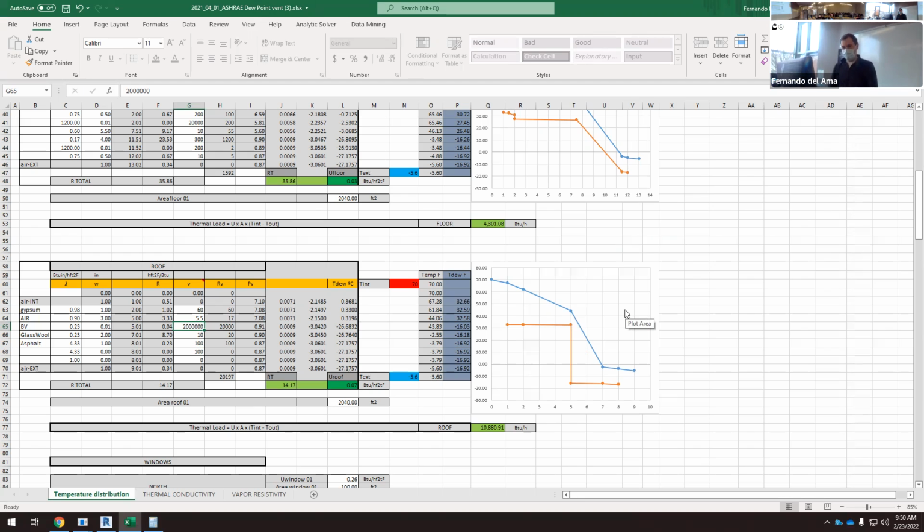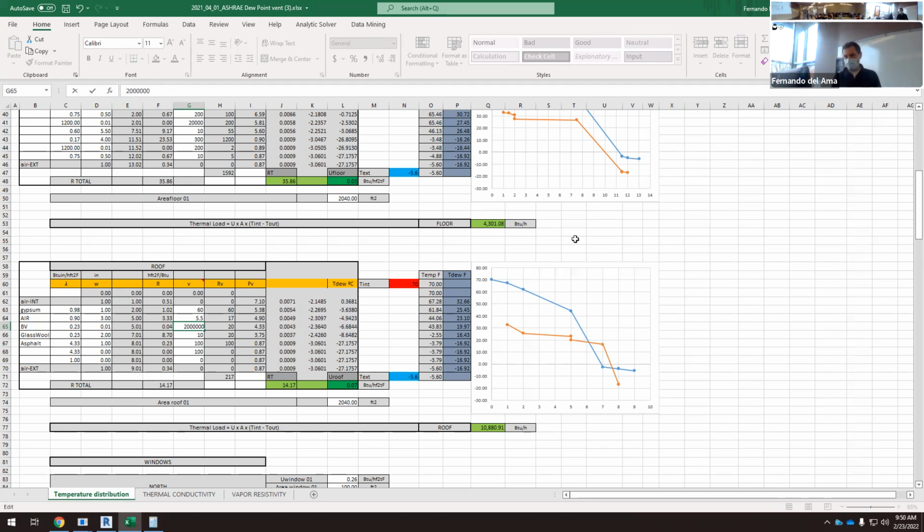Okay, so probably if we had this somewhere else, I don't know. But anyway, we need the vapor resistivity, but you see, if we add like 4 zeros and it doesn't work, things are getting serious, okay?